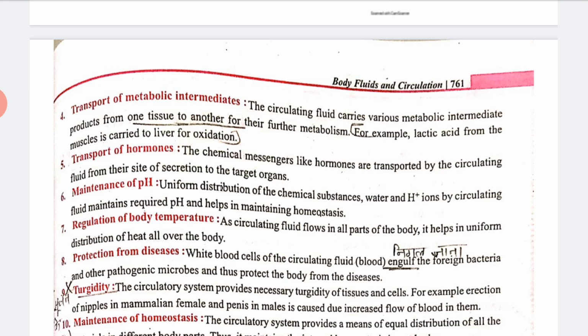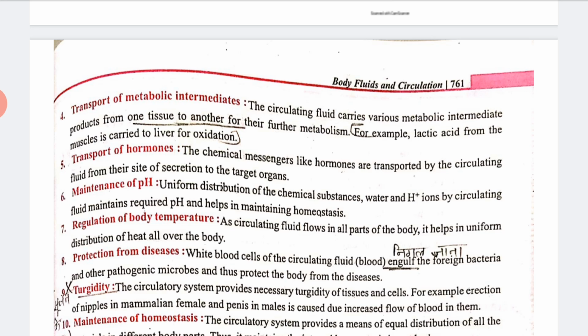For example, the lactic acid from the muscles is carried to the liver for oxidation. Clear? Now, next we have the transport of hormones. Chemical messengers like hormones are transported by the circulatory fluid from their site of secretion to the target organ. Clear?